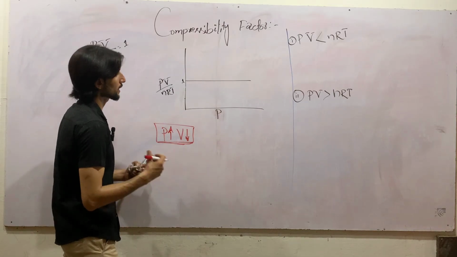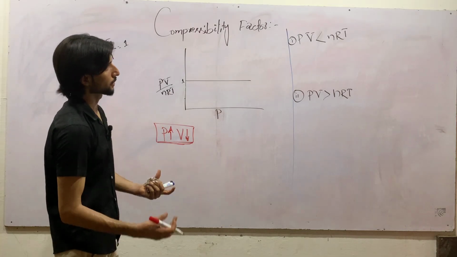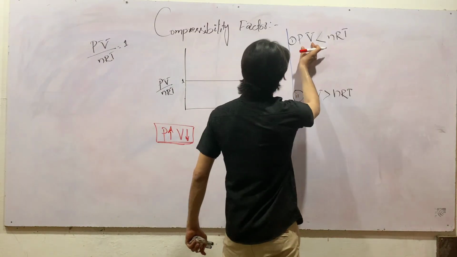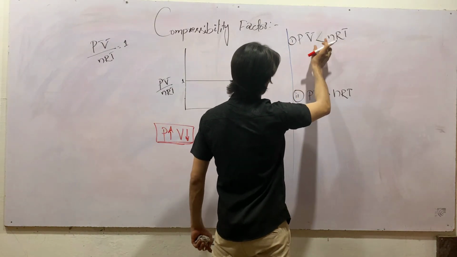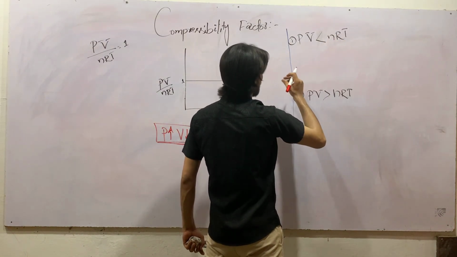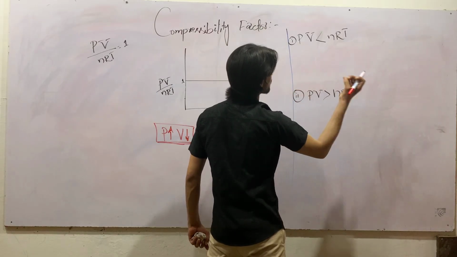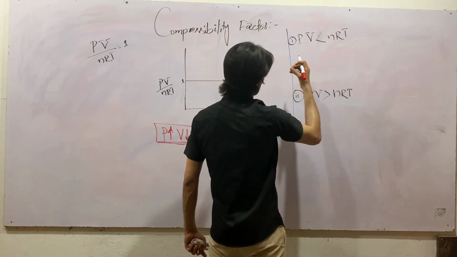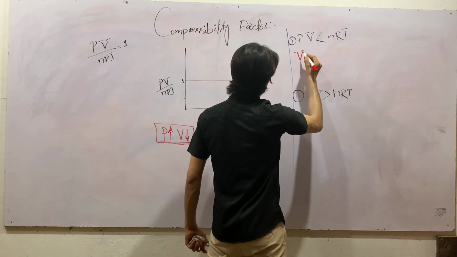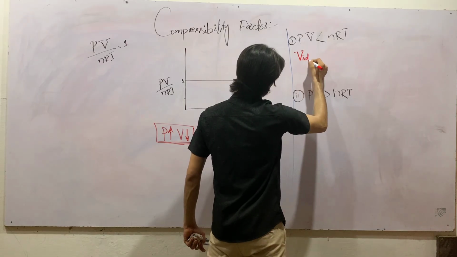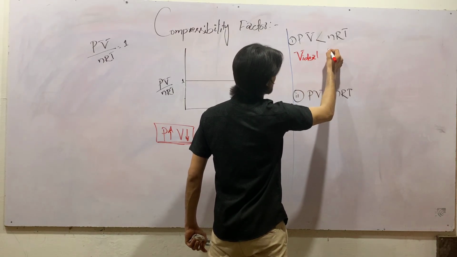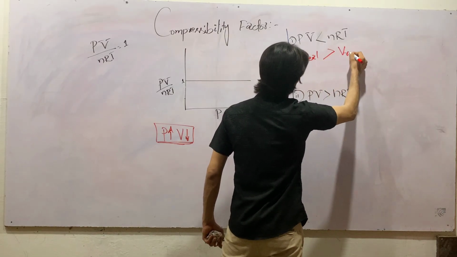But here, what I see in reality, in some cases, is the product of PV not equal to nRT, but less than nRT. I see the compression more than in the ideal case. By this I mean V ideal would have been greater than V real.